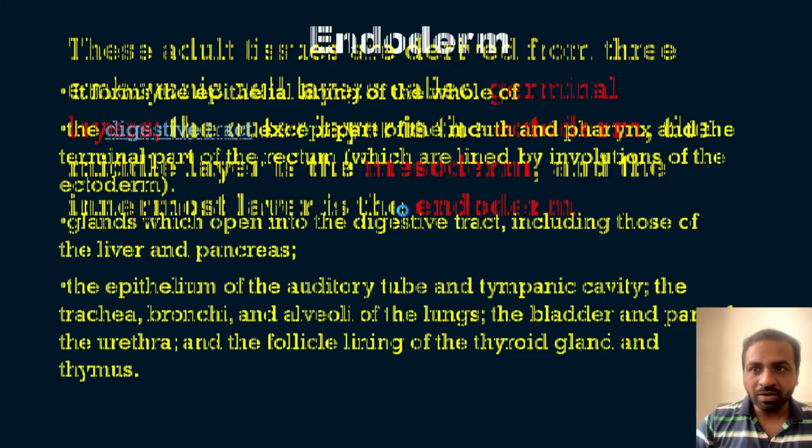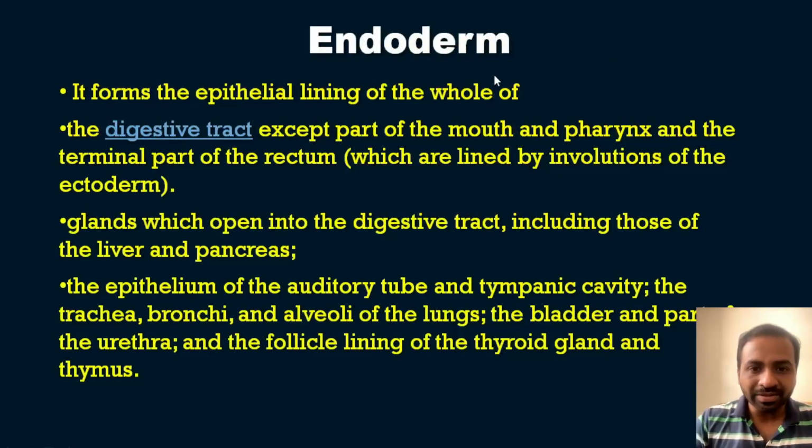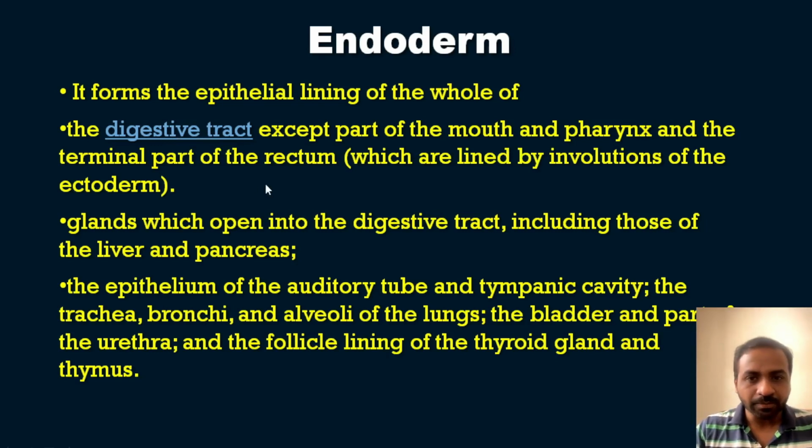Now we will see what all things develop from the endoderm. It forms the epithelial lining of the whole of the digestive tract, except part of the mouth and the pharynx and the terminal part of the rectum, which are lined by the ectoderm. Then the linings of the glands which open into the digestive tract, including those of the liver and pancreas.